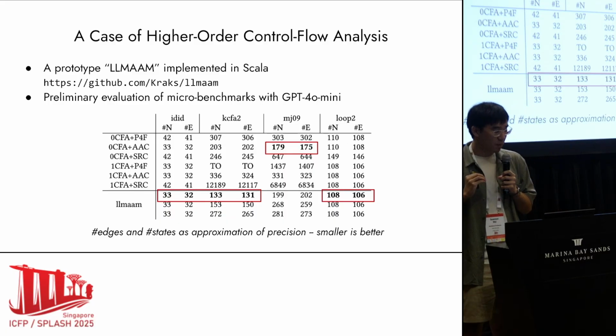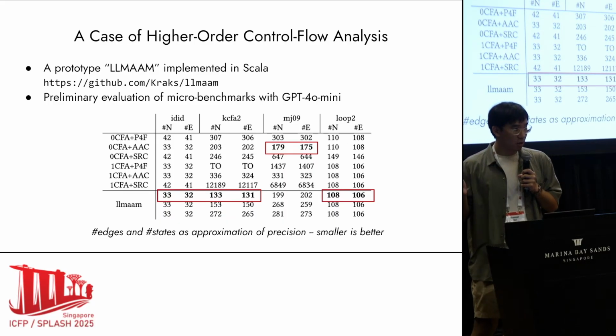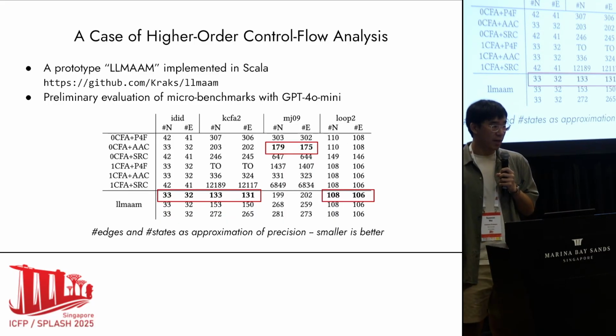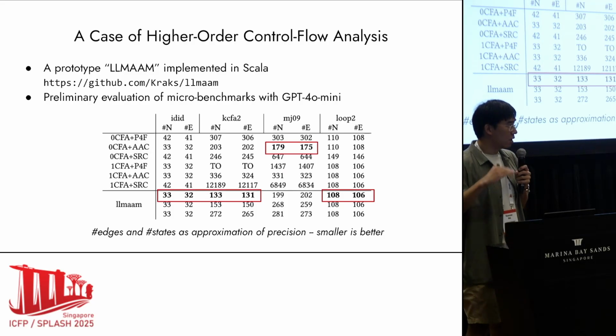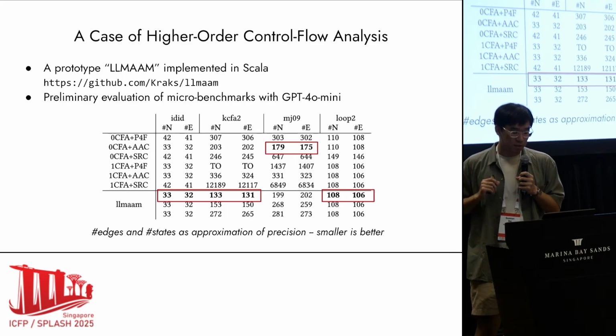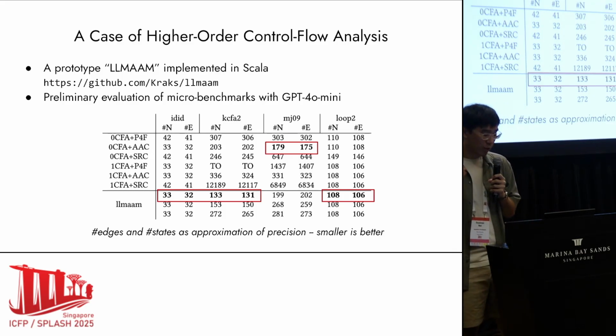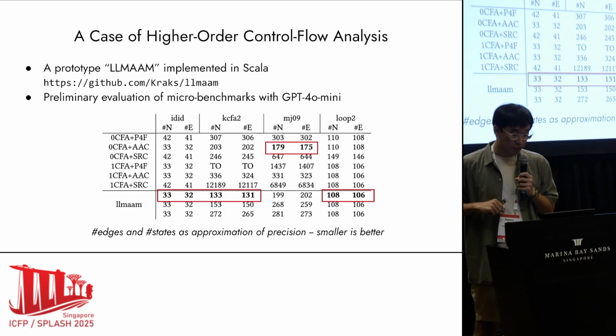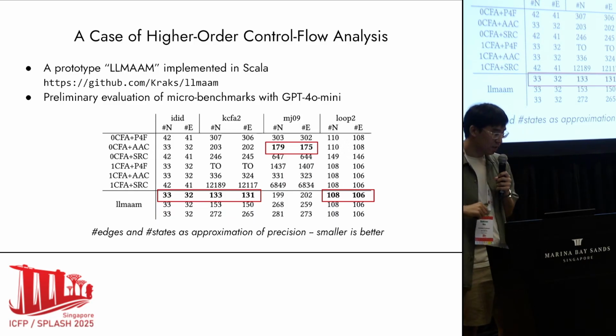You can see that on 3 of those benchmarks, we achieve the best precision compared to the existing deterministic strategies. And on one of them, MJ09, we have a pretty decent result, pretty close to the best one that is highlighted in the red box here.